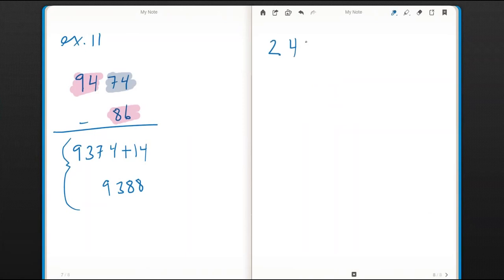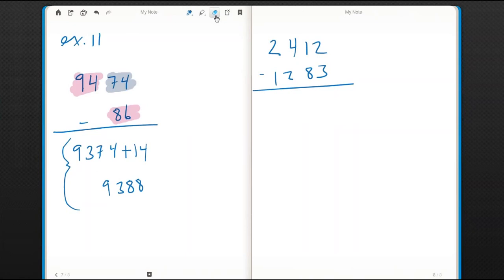On the right side in the middle column is 2,412, subtract 1,283. I think I'd do that much in the same way. 2,400 minus 1,200, but the 83 is too big to subtract from the 12.